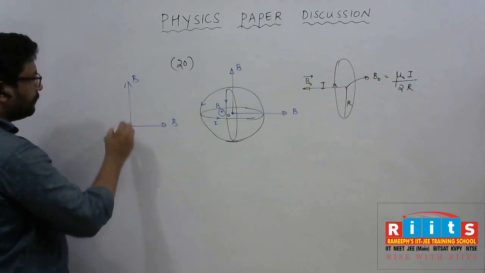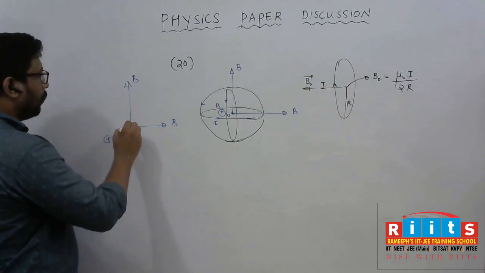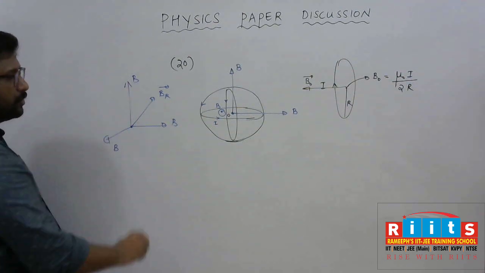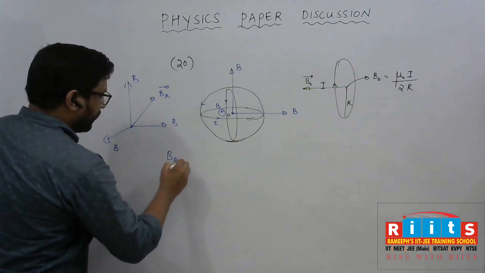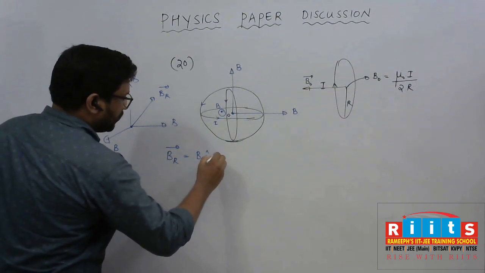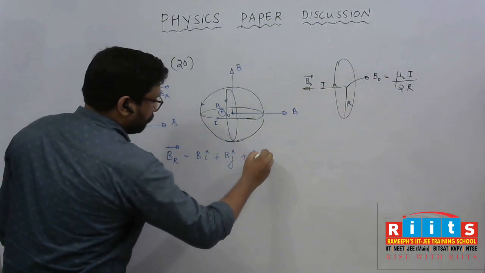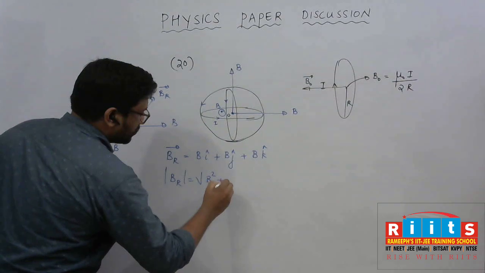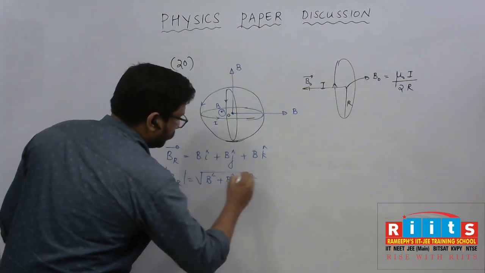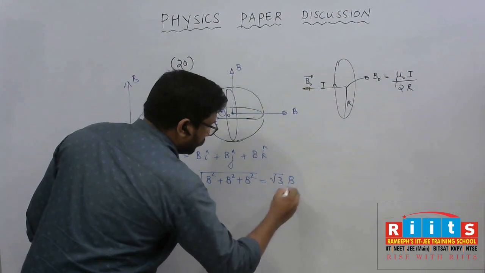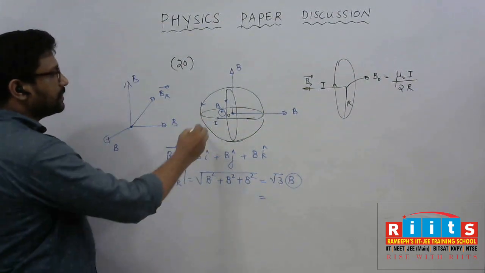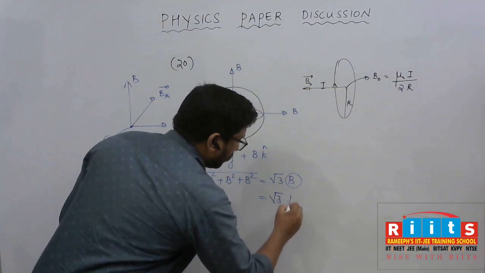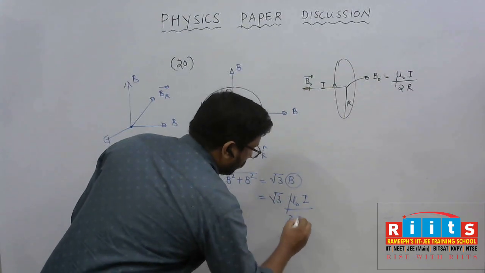If these 3 mutually perpendicular vectors are added, the resultant magnetic field will be the vector summation, B i cap plus B j cap plus B k cap, and the magnitude of this resultant will be root of B square plus B square plus B square, which is root 3 times B. And using the current and the dimension of the coil, you can write it as root 3 mu naught I by 2r.